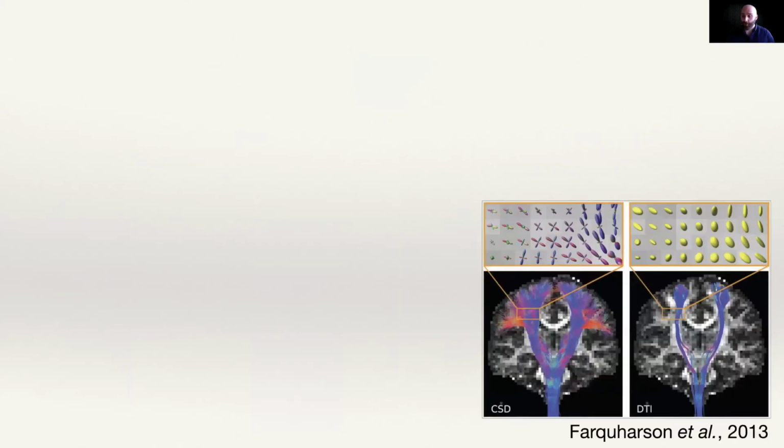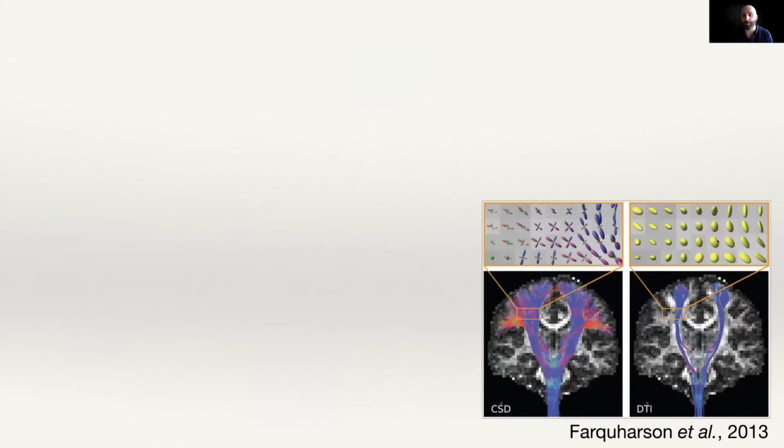So now when we try this, we try DTI tractography and we try CSD in the cortical spinal tract. CSD is constrained spherical deconvolution. You can see that one gives you a bigger set of fibers compared to the other. And it makes sense because when you go to this region where you're supposed to have a lot of fiber crossings, because you have the CST going up, you have the corpus callosum here going left, right, and you have other fibers going anterior, posterior, like the arcuate fasciculus, for example, you can't get them with DTI.